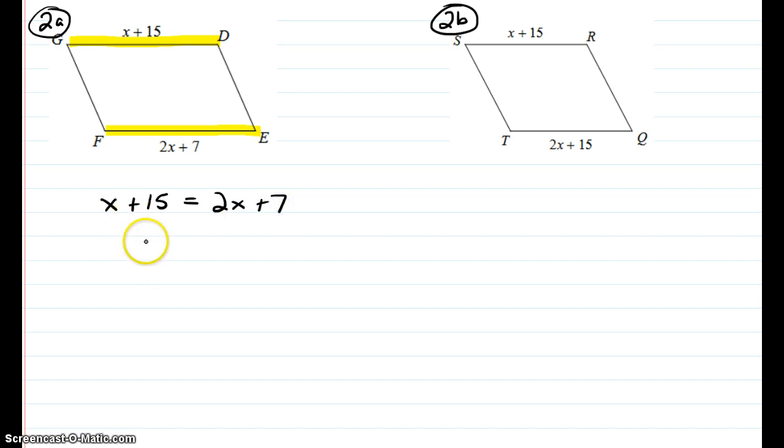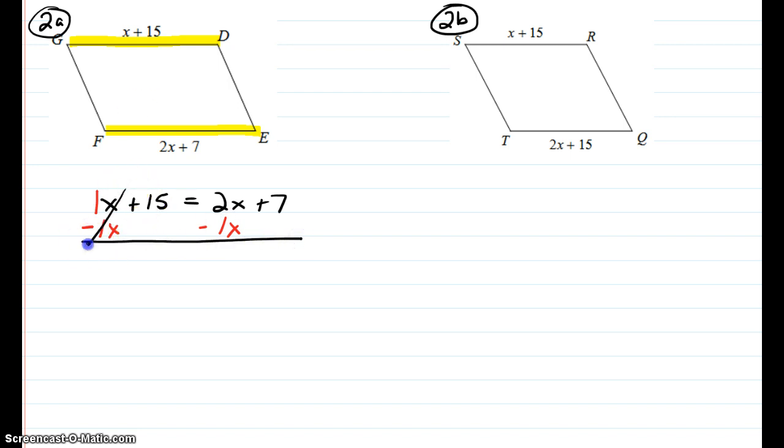And so now as you look at this to solve it, we have x's on both sides and we want x only on one side. So the best thing to do is to move the smaller x. So the number in front of this x is a 1, and so you look at these two and say, well, which one's smaller? Obviously it's the 1x, and so to move it to the other side, we have to do the opposite. So since it was a positive, we minus 1x from both sides.